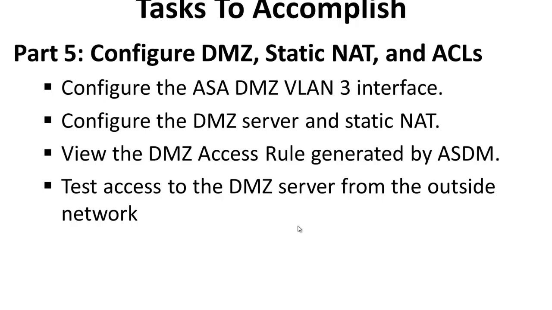So because of that, any traffic which comes from the outside will be blocked. So there is some traffic we may allow from the DMZ to the internal zone or from the outside to the DMZ. So by writing specific ACLs, we will be able to accommodate that.